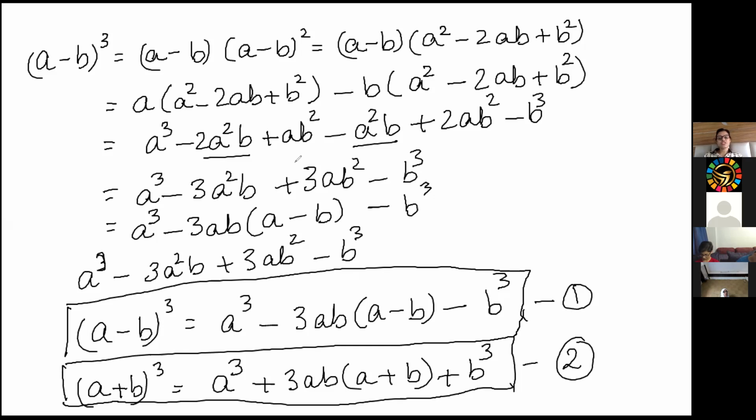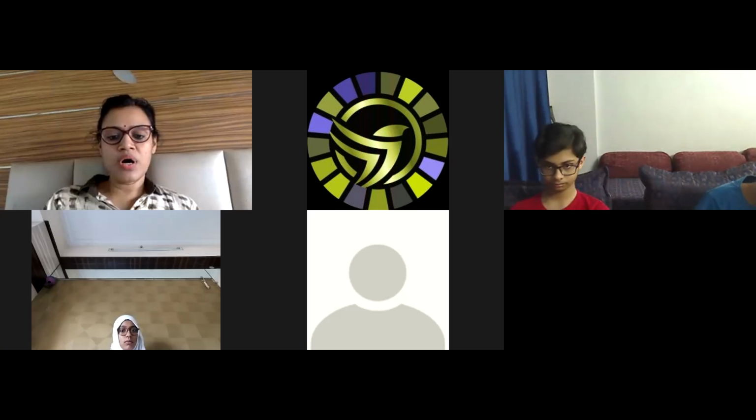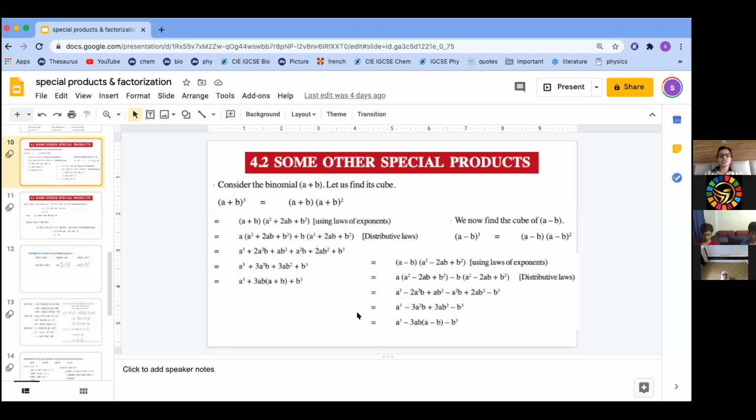Today we'll do questions based on these two identities only. Just in the same way as we did the whole square formula, same way we'll apply on the cube formula also. Okay, so coming to some solved questions so that you understand how we use it.